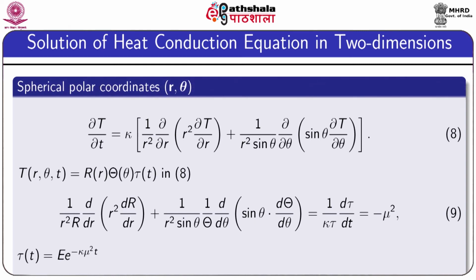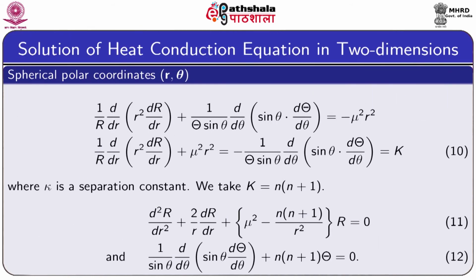If you observe equation 9, again we are separating the variable τ from R and Θ, and here we are assuming the separating constant as minus μ squared, because we want a bounded solution. The solution for τ can be obtained easily as τ equals e to the power minus κ μ squared t.